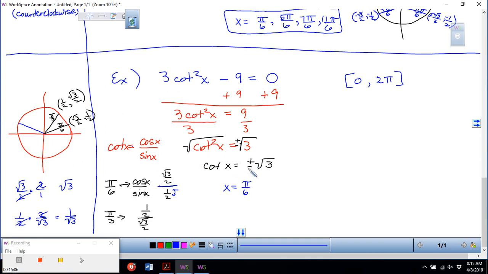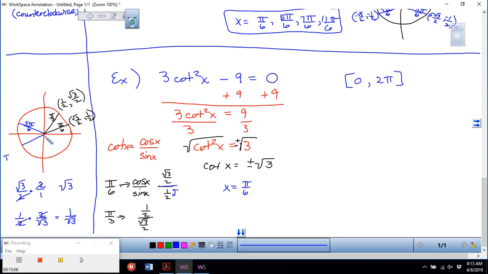Now, because they can have either positive or negative, I will be able to go all the way around the circle and pick up those additional locations in all of the quadrants. So pi over 6 will be one solution. 5 pi over 6 would give me a negative solution. Remember, in that third quadrant, tangent is positive. All students take calculus. So tangent's positive over here, so we would get another positive square root of 3.